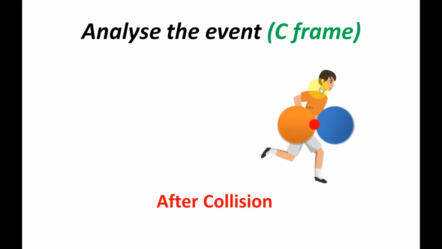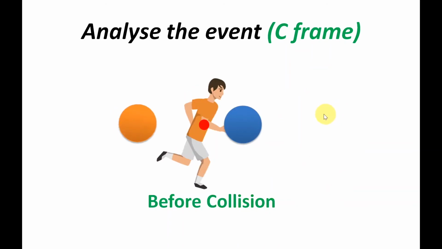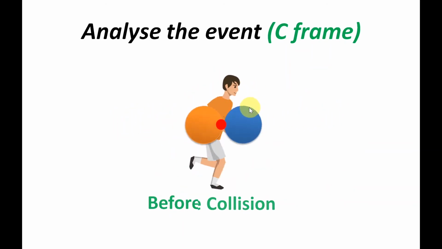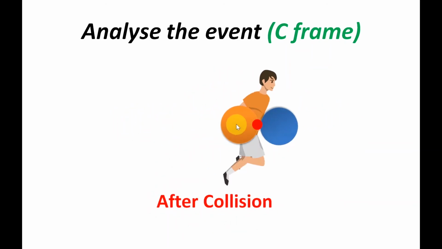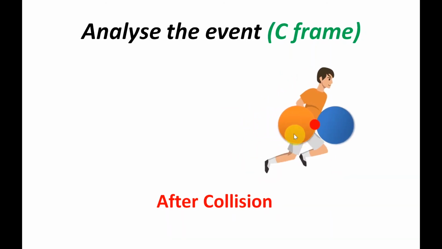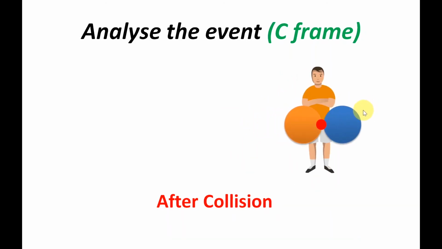So what will this man actually see? The velocity of the two particles after collision is zero, because these two balls are moving at 2.86 meters per second and the man is also moving at 2.86 meters per second. So according to this man, these two balls will be stationary. But according to the laboratory observer, these two balls are moving at 2.86 meters per second.